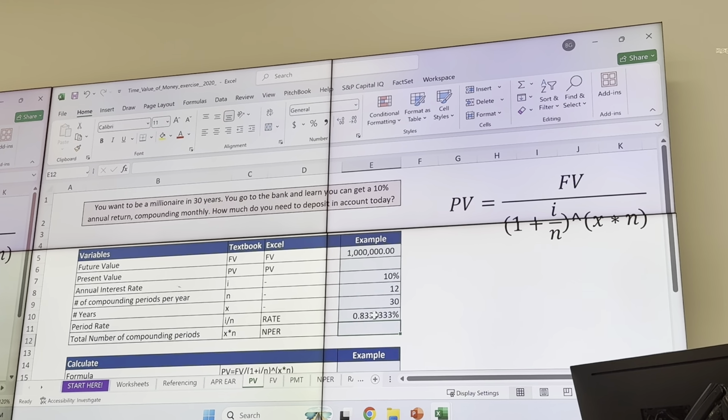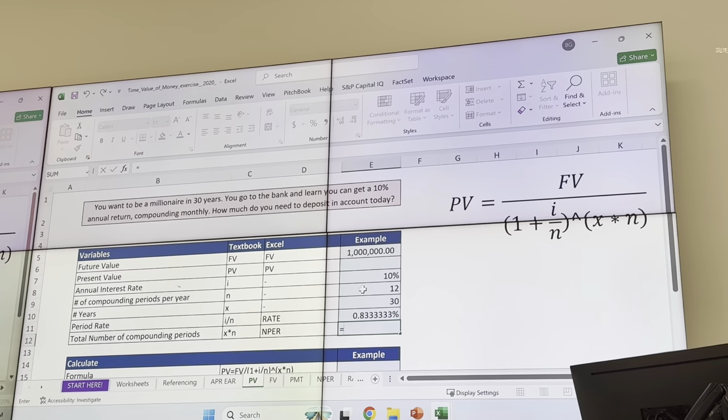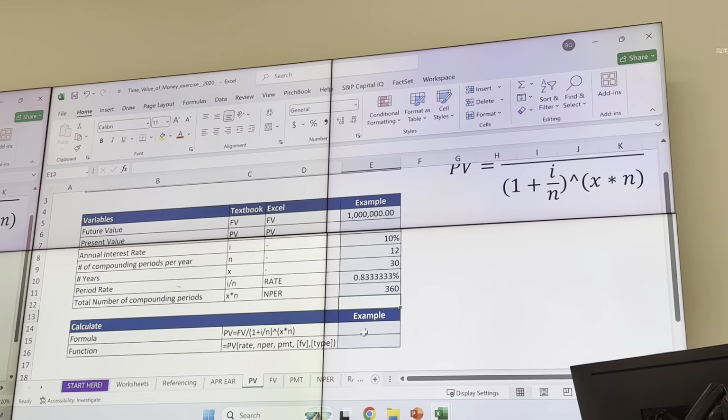So this is the interest rate that I'm paying monthly, right? Now, total number of compounding. How many interest payments will I be paying? So this is basically 30 number of years times 12 number of compounding. So 360, right? Now I got it.